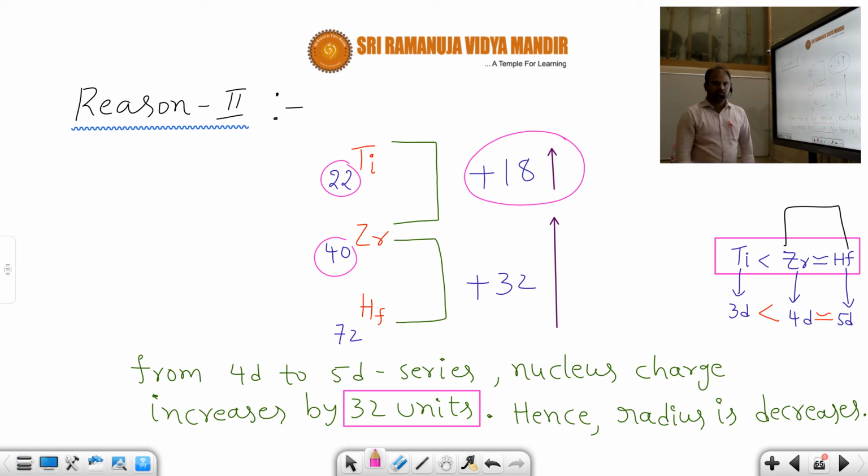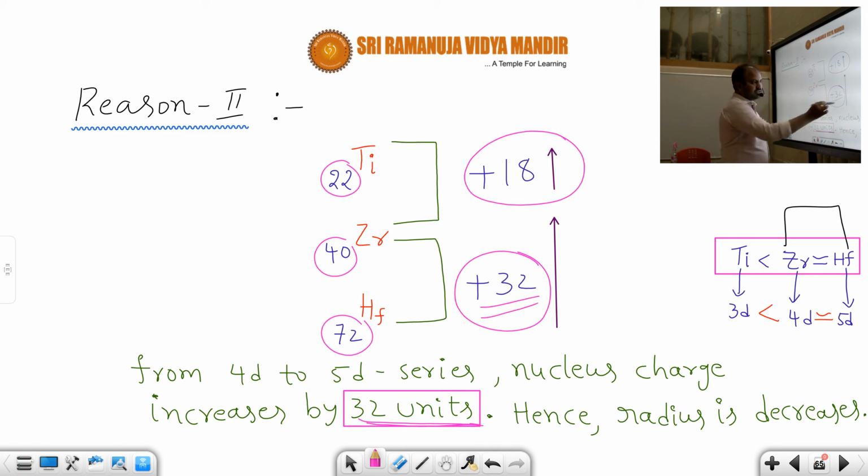But from zirconium to hafnium, how many units increase? 32 units. Nuclear charge increases by how much? 32 units. So when the nuclear charge increases by 32 units, the attraction on the outermost electron is more. When the attraction on the outermost electron is more, radius decreases.